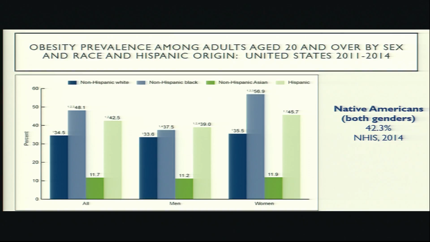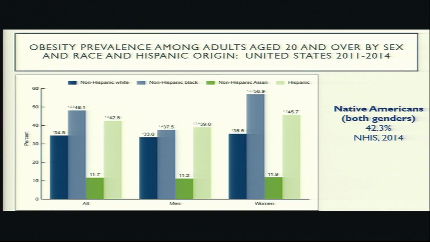Looking at survivors and then also within the general population, because the people who will be getting cancer are in the general population, we also see these huge disparities in obesity, in that among Blacks, particularly women, you see much higher rates of obesity. This is obesity alone, not just overweight and obesity, that nearly 57% of African American women are obese in the general population, and among Hispanics, almost 46%.